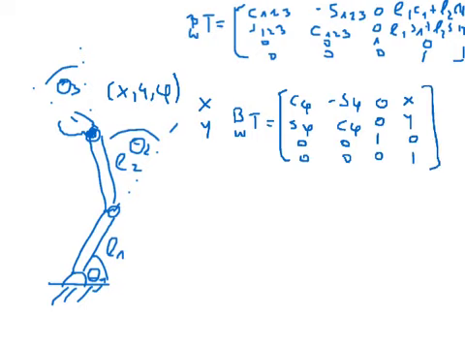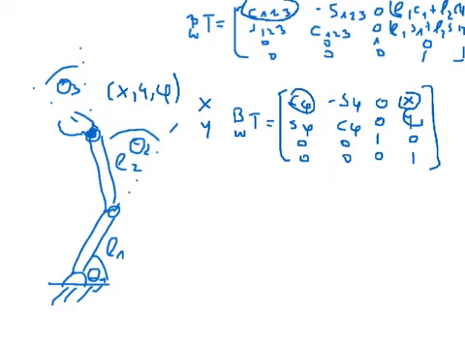So now it becomes pretty clear. If you want to solve the inverse kinematics, we have just to equate things like x with the entries of this matrix, or y with that entry, and of course cosine of phi is the same as cosine of theta 1 plus theta 2 plus theta 3.